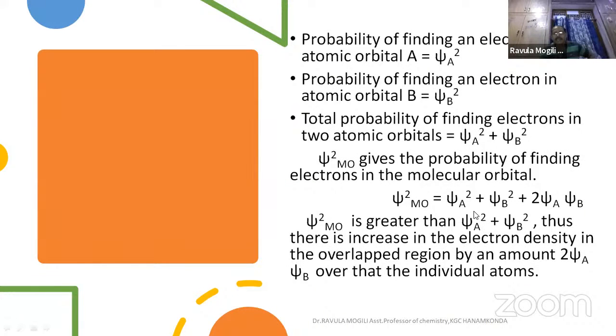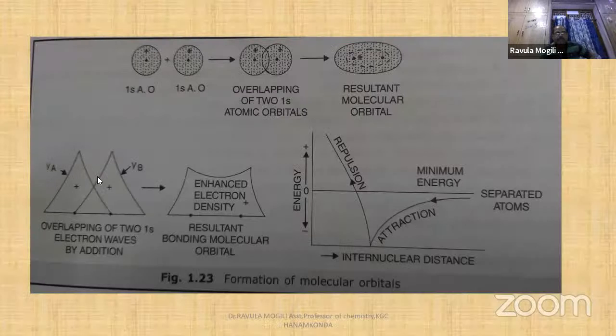You can see a graph here. This is a bonding molecular orbital. This is the 2 psi A psi B term. The electron density is comparatively more than psi A square and psi B square.